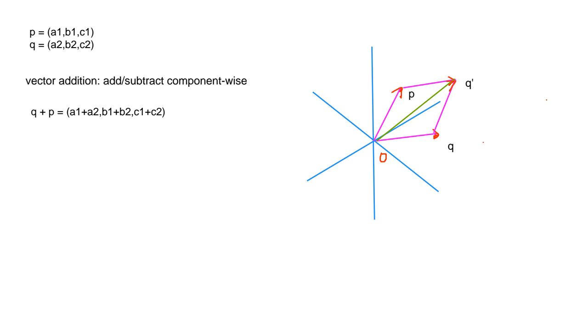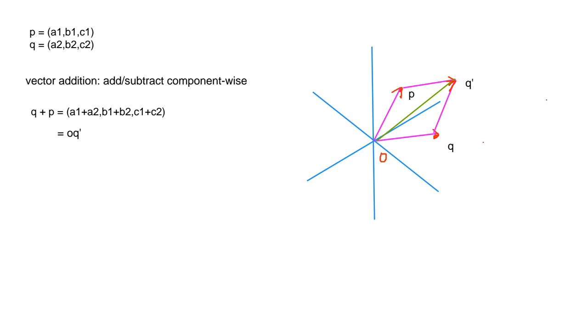So P plus Q, or OP plus OQ, equals OQ prime, or just the Q prime point.